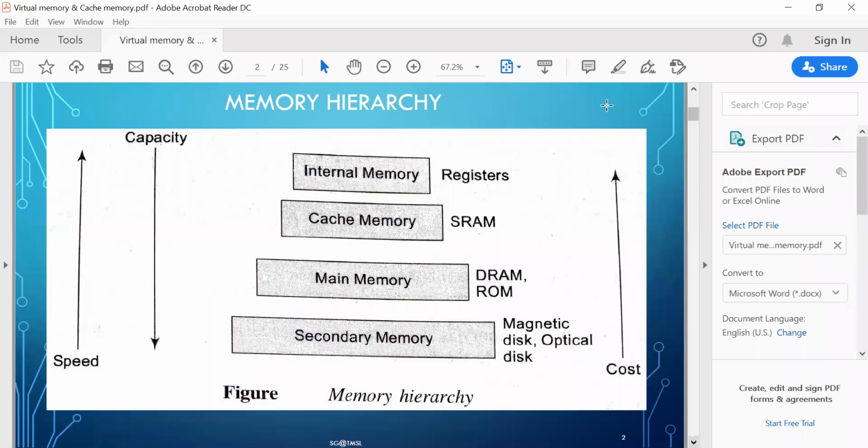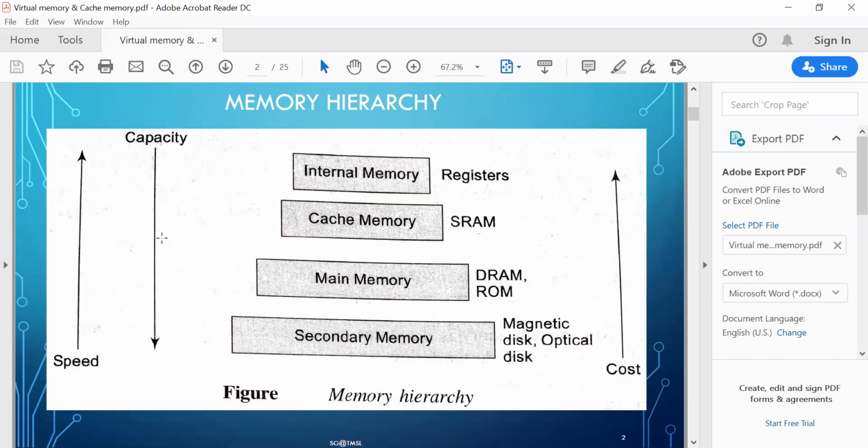So here, this is the memory hierarchy diagram, where you can see that at the lowest position in the bottom section, only the secondary memories are there, and after that the main memory, and then cache memory, and then the internal memory.